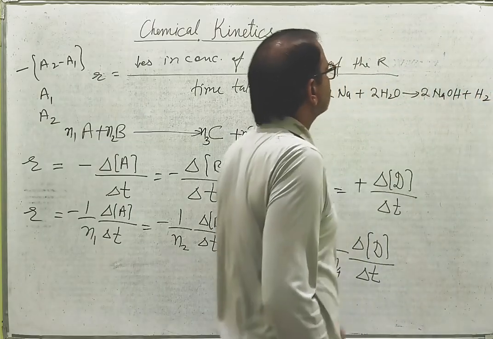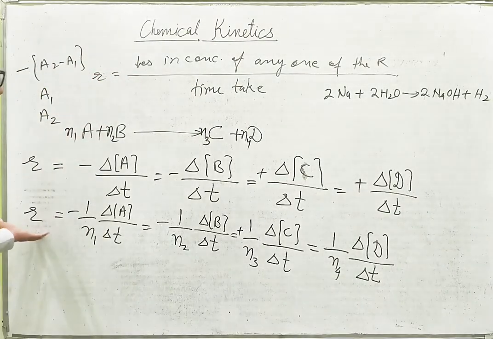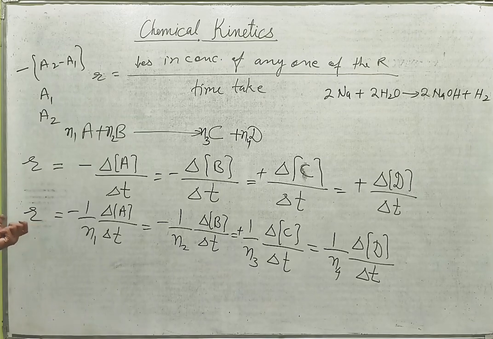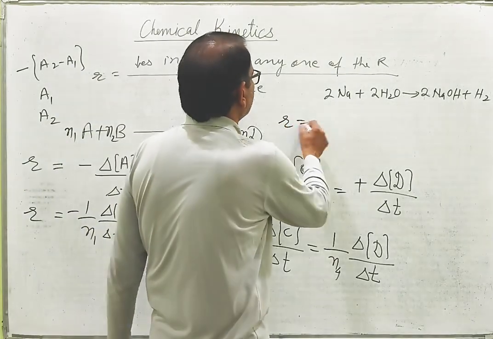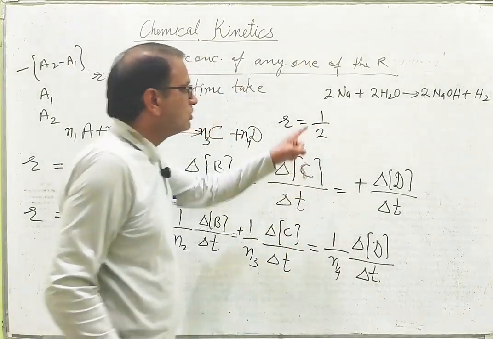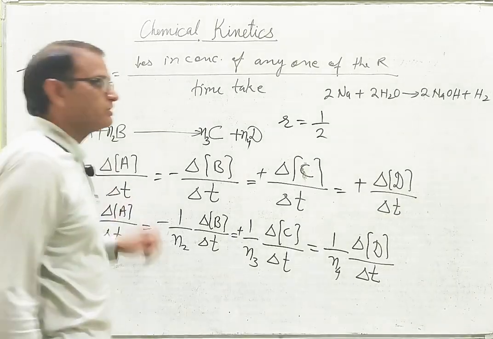Now if you want to put it in this formula, what will be the rate of this reaction? R will be equal to 1 by 2, because n1 is 2 here.